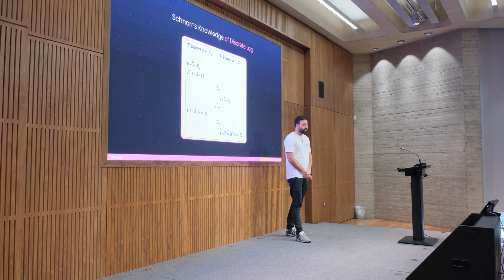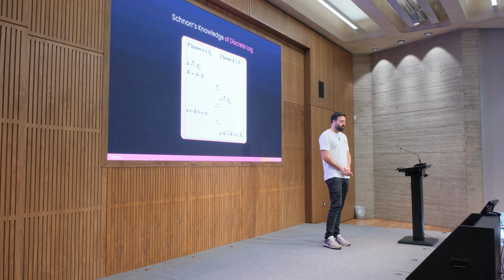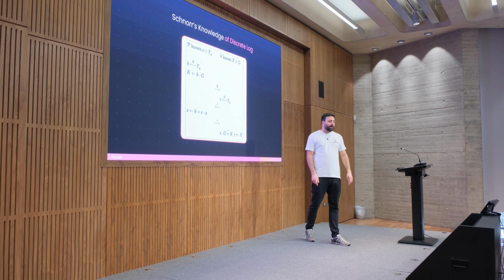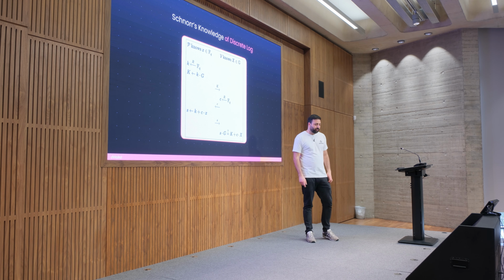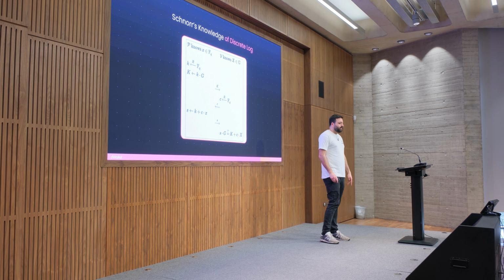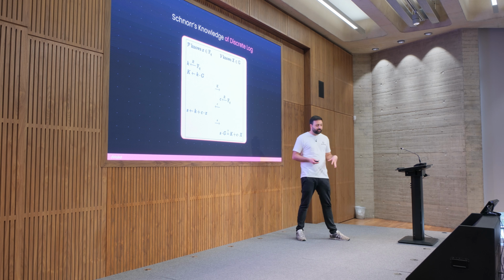So the protocol looks kind of like this. The prover can sample some randomizer, k, and they send you the public value of that, k times g. And the verifier can sample some challenge. The prover can compute a formula that is a combination of the randomizer and its witness.